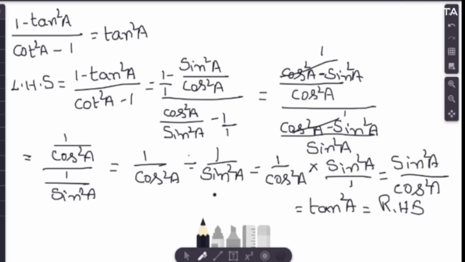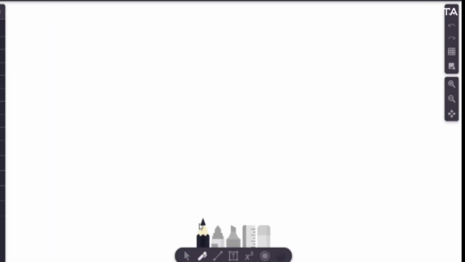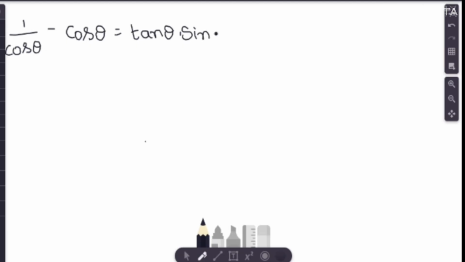See children, next problem. 1 by cos theta minus cos theta is equal to tan theta into sin theta. Left hand side, 1 by cos theta minus cos theta is there. That we will take first.